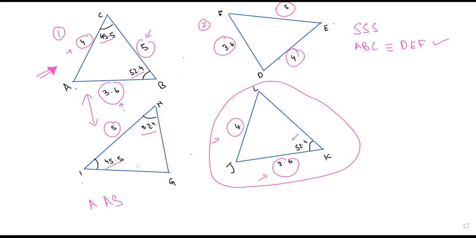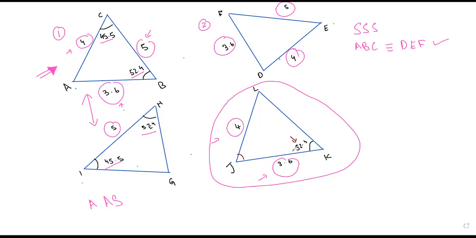They are talking about this angle. Since the information is insufficient, we cannot say that these two triangles are congruent. It could be that this angle and 45.5 are the same, but we are not sure. This information is insufficient, so these two triangles are not shown to be congruent, right?